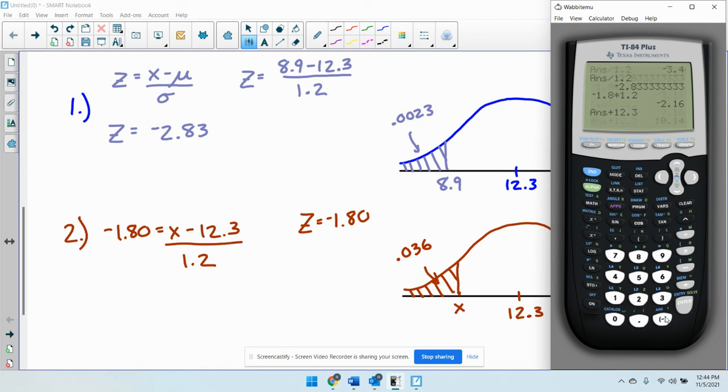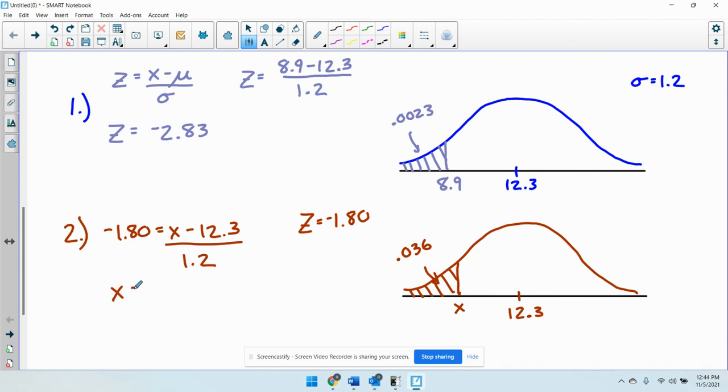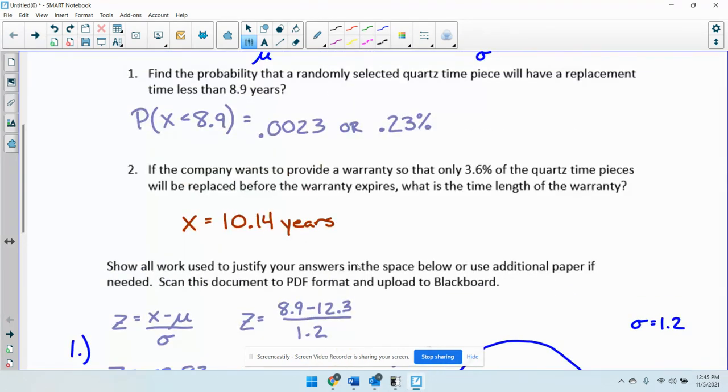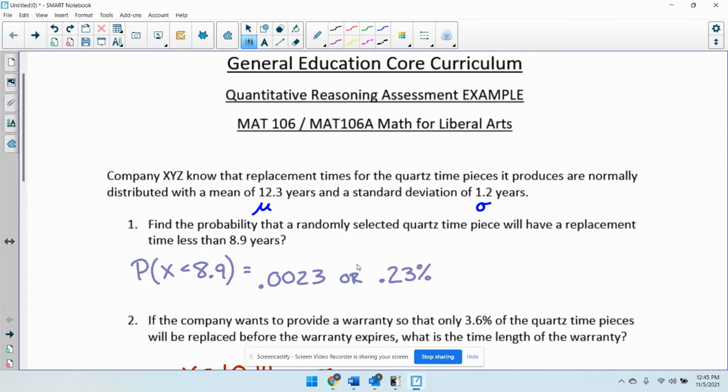Add 12.3 to both sides. And I get an x value of 10.14. So we have x equals 10.14, and we're going to use years. Okay, and that will give you sufficient work to get full credit for this assessment.